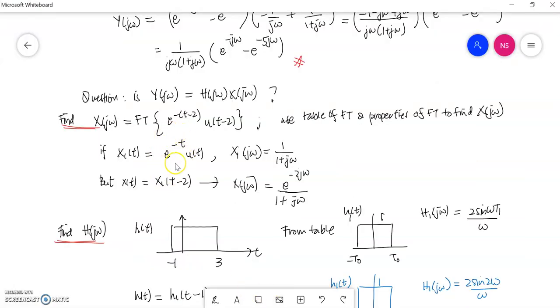This a is 1, so X(jω) becomes 1 divided by 1 plus jω. Then if we look at our x(t), referring to x1(t), it's actually x1(t) shifted to the right by 2. With that we can use the Fourier transform table properties.